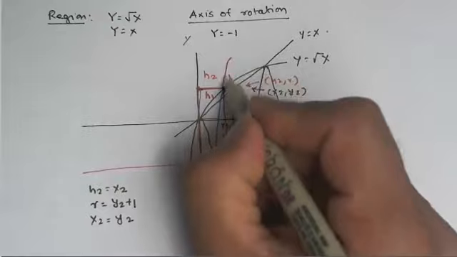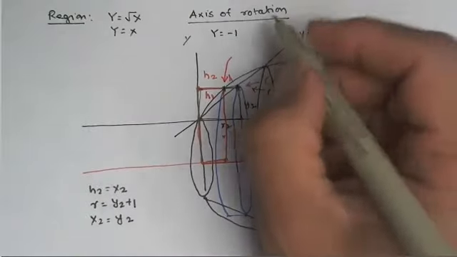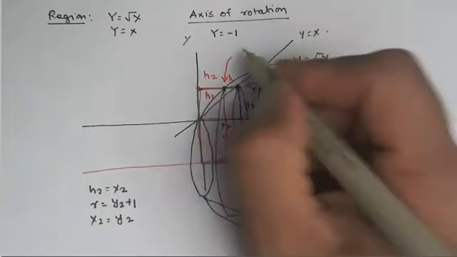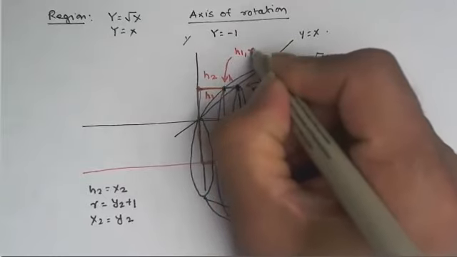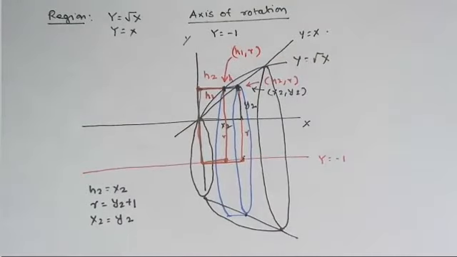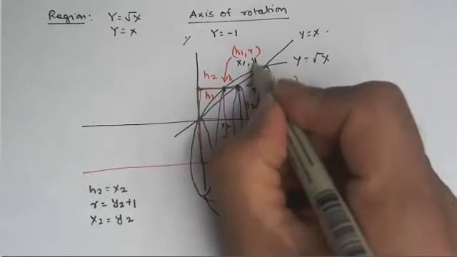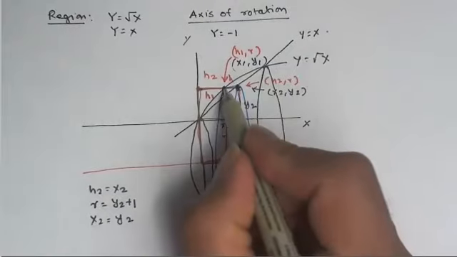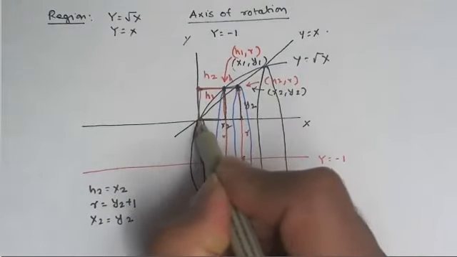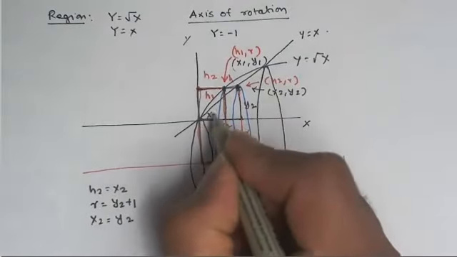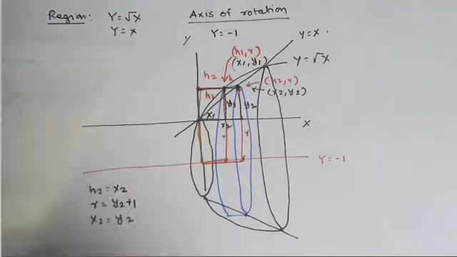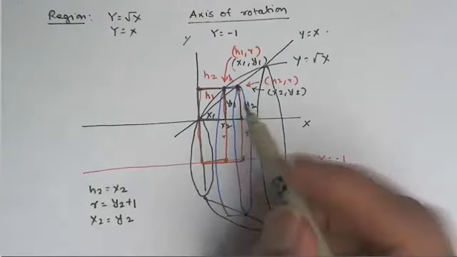So the coordinates of this point in the rotational coordinate system are h1 comma r. Let's say that in the original coordinate system the coordinates were x1, y1, then that would be this rectangle. So this is x1, this is y1, and now you can see the relations here.